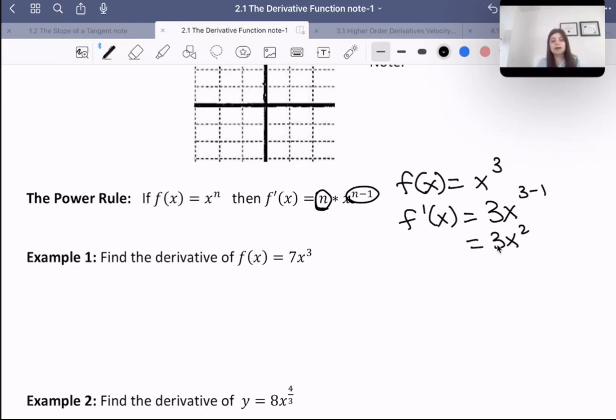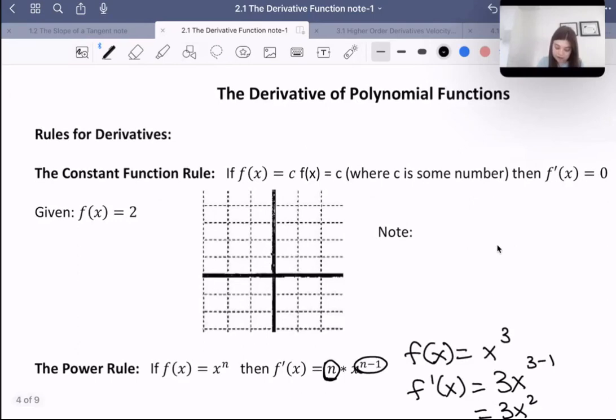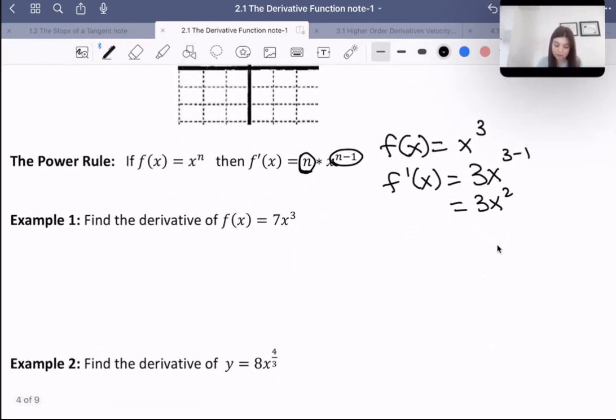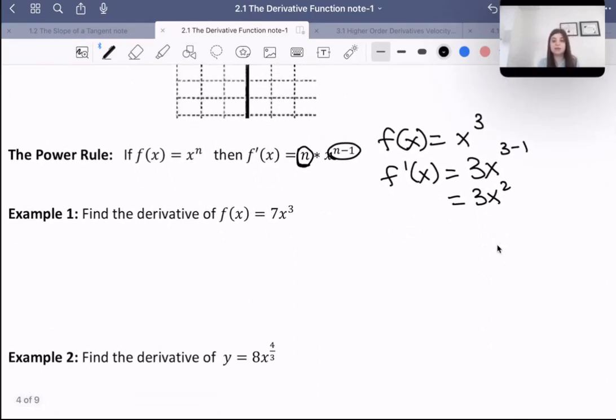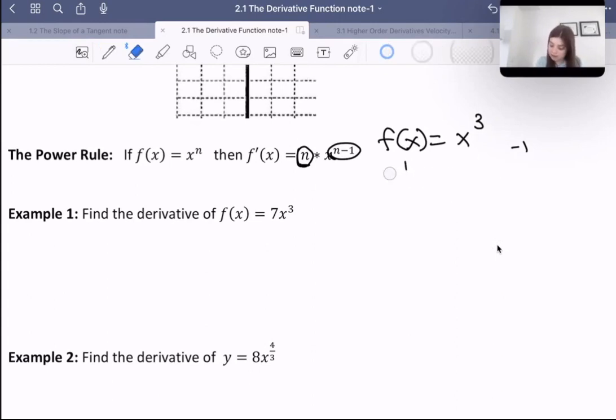Now I'm going to answer the question as to how this constant function rule is actually a specific case of the power rule. A constant function, let's just put c as an example, c is the same as c times x to the power of 0.